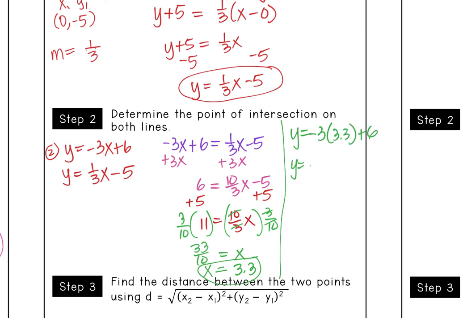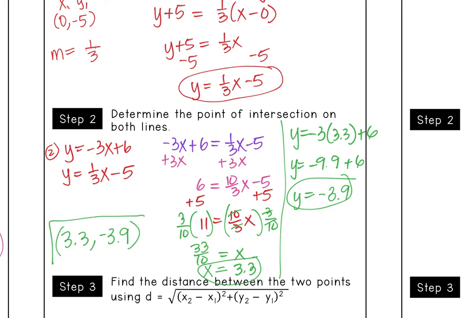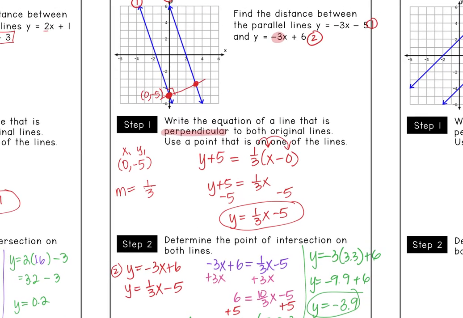So that would give me negative 9.9 plus 6, which gives us negative 3.9. So that point where it's intersecting is (3.3, negative 3.9). So if I look at my picture, that does kind of make sense because here's my 3, so somewhere around there.